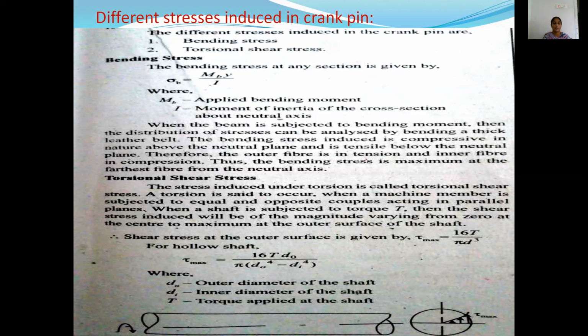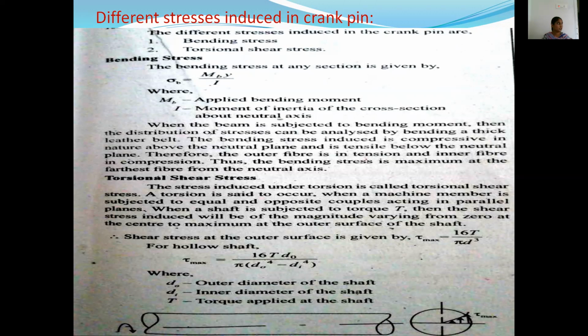The bending stress will be developed in the connecting rod. The bending stress induced is compressive in nature above the neutral plane and tensile below the neutral plane. Thus, the bending stress is maximum at the farthest fiber from the neutral axis.